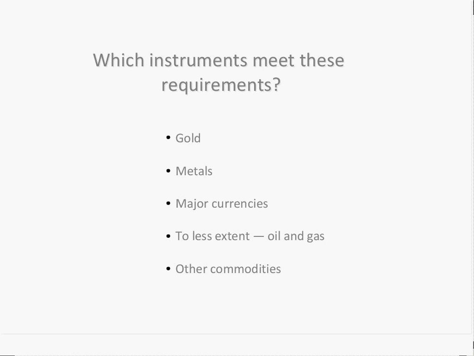Well, gold has been a favorite among many funds until just the most recent days. Metals, excluding perhaps copper. Of course, currencies, the euro, Swiss franc, and the British pound. Oil or gas. I would even say that gas, to a lesser extent than oil.